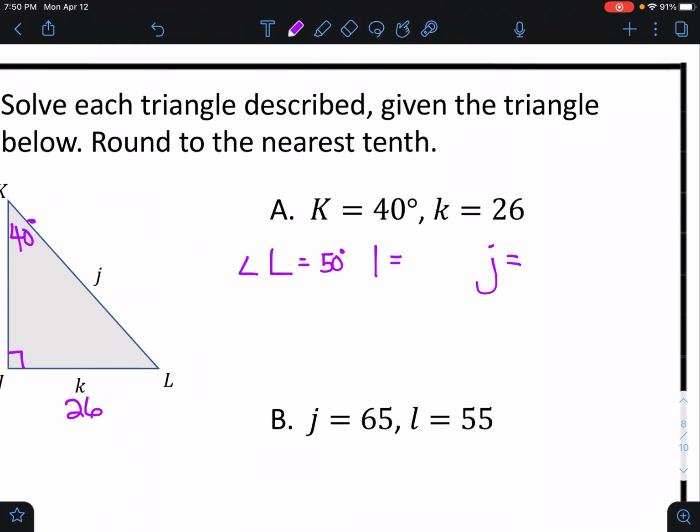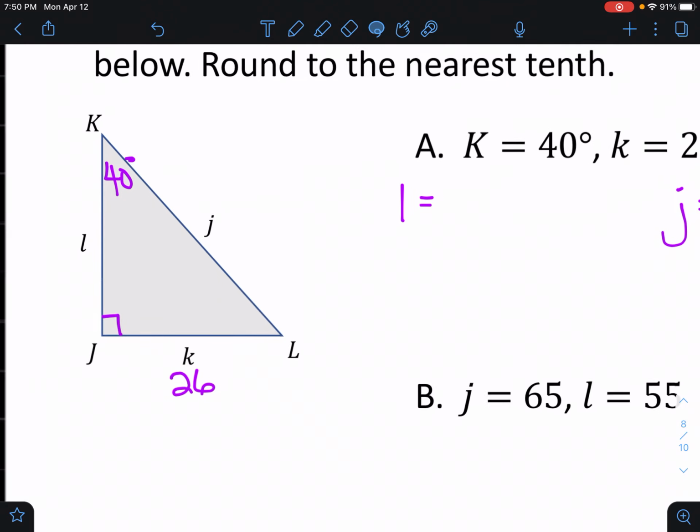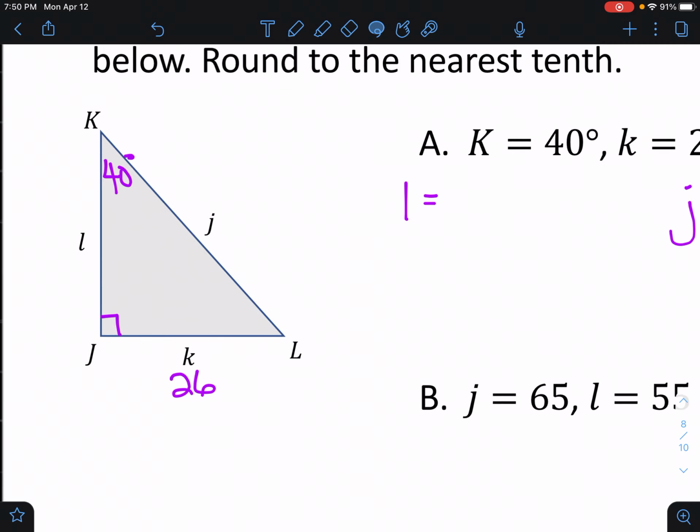Okay, so cool. I'm going to put this over here. This is 50 degrees, and I didn't really have to do much to get that. Now, angle L, done. Let's find side L. So we know that this is 50, so I'm going to write this in here.